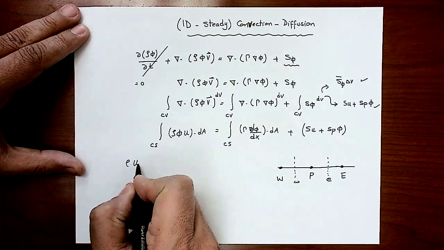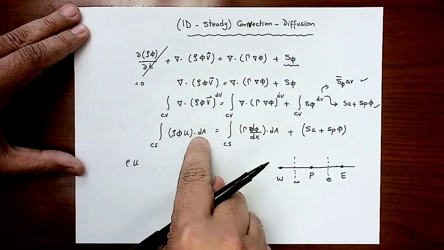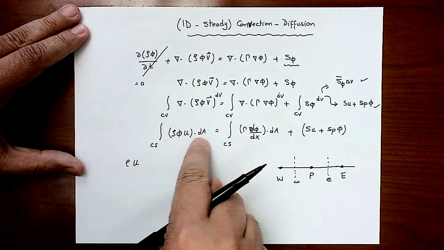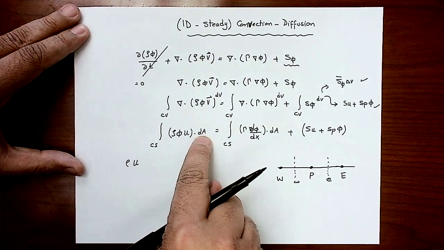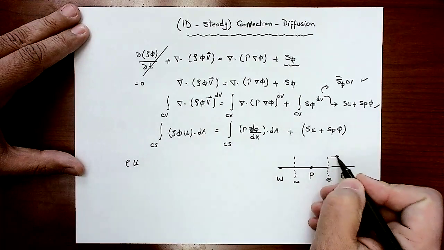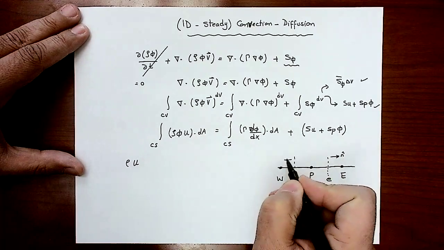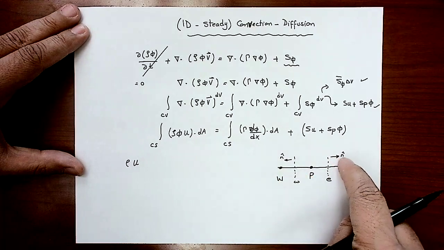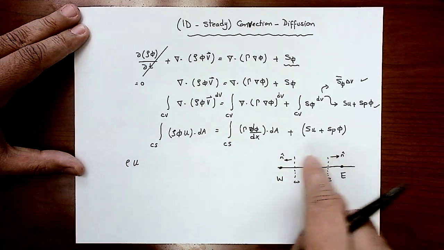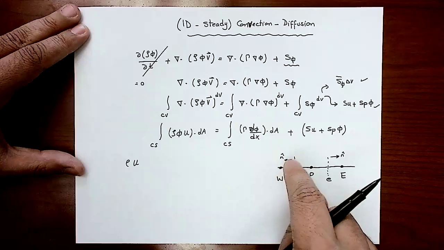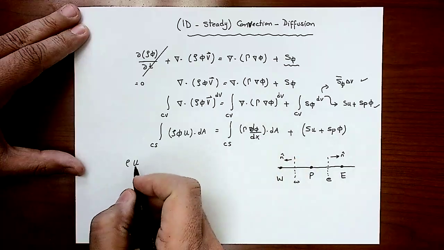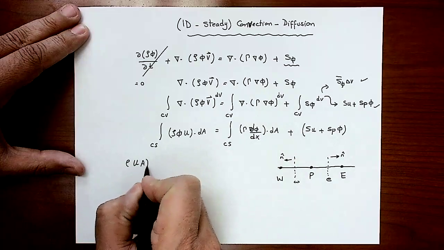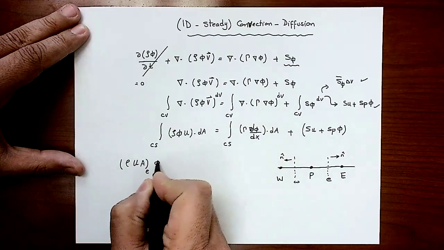u, and we know that dA, as a vector, is going to be n dot dA. That's the normal vector here, and the normal vector is always going outward, right? So that's why the east face is positive, and the west face is always negative. So this is going to be rho UA at the east, phi east.